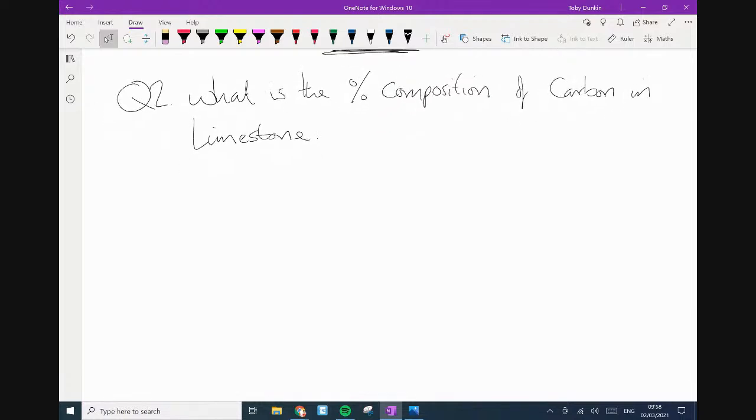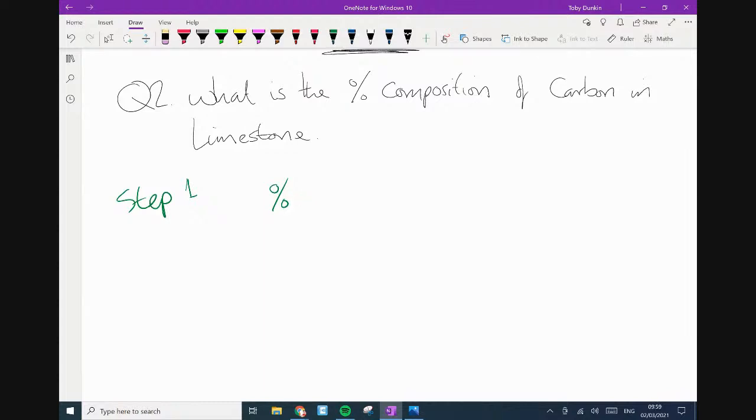So, the steps in the process. Step number 1. I'm going to show you where your marks come from. Step number 1, the first mark. Kefren got 75% of carbon. Thank you, Zaina. Step number 1, percentage composition.